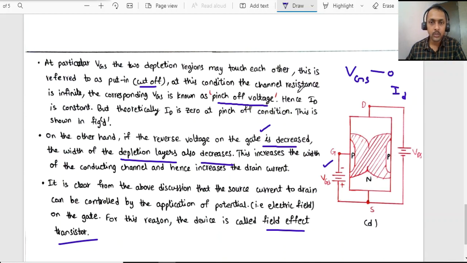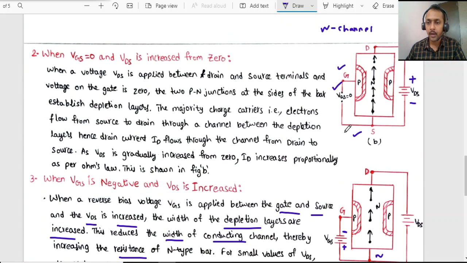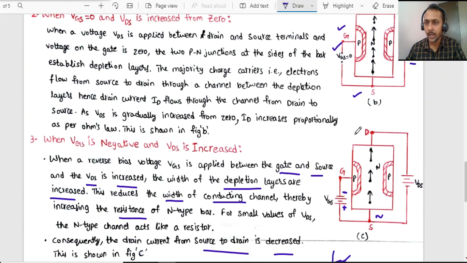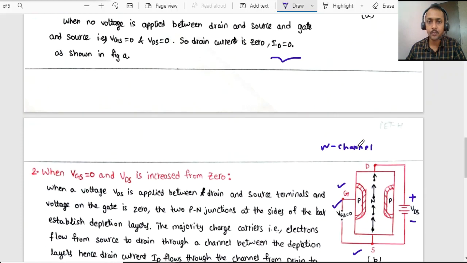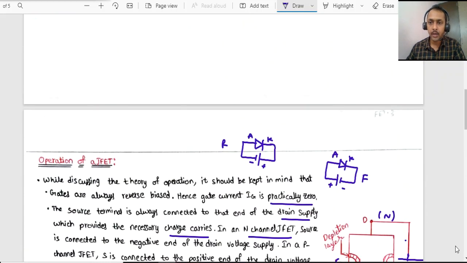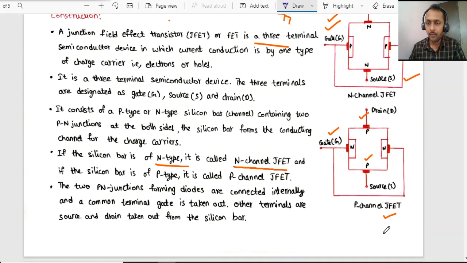Right? So these are the different modes of operation depending upon the type of the channel. Dear students, this is important. If it is N channel, the source and drain are to be N type. If it is P channel, the source and drain are to be P type, and the gate will be opposite to that.